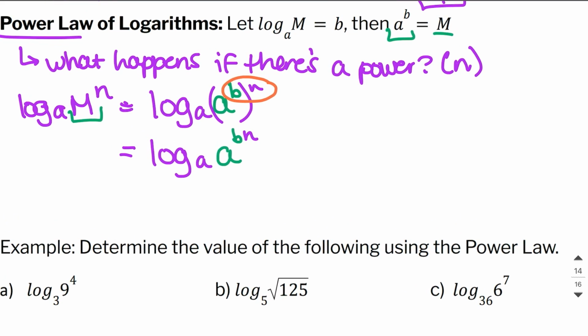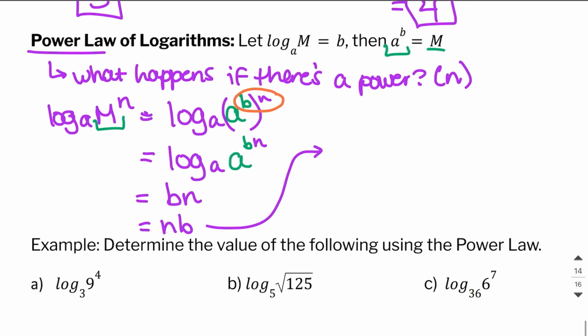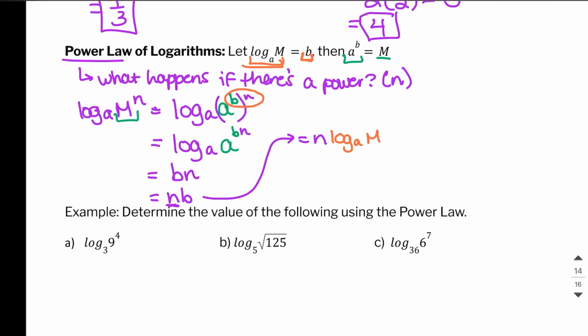So log base a of a to the power of bn is just going to be b times n, or I could change the order around and say n times b. But don't forget that we said b is equal to log base a of m. So this would be equal to n times, instead of b, I can replace it with log base a of m.